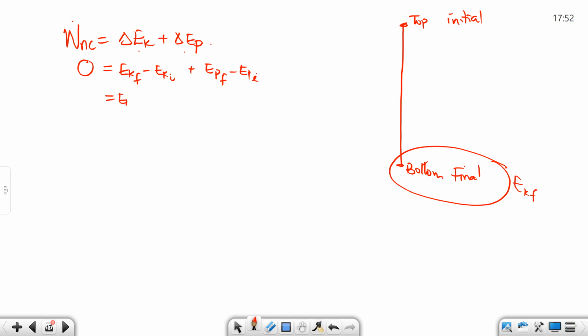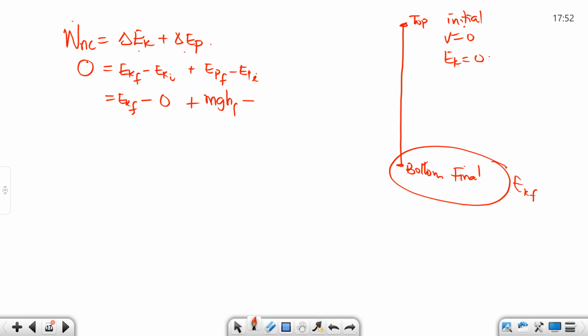So we are looking for EKF. What's the initial kinetic energy from rest? Velocity is 0. So if my velocity is 0, kinetic energy will be 0, a repetition of the multiple choice. Plus, now what is potential energy? mgh final minus 0.